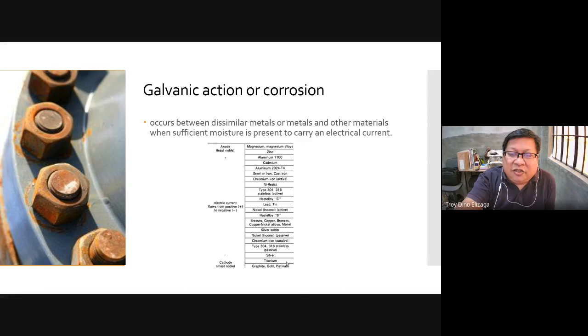And the one that suffers more are the ones which are on top of the table. So graphite, gold, and platinum remain stable, but the magnesium will corrode. Another example is if you have brass and then you put aluminum beside it, aluminum will be the one that will corrode first.